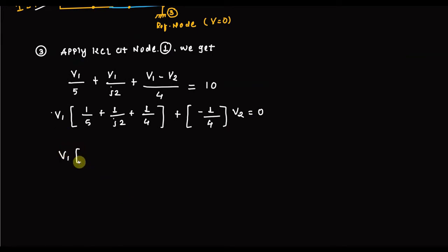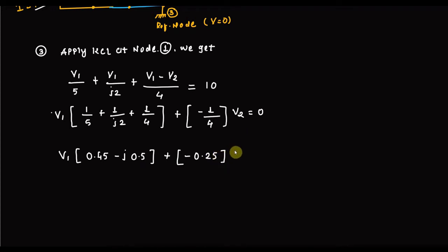Okay. So if you solve this, this will become 1 upon 5 plus 1 upon j2, which is minus j0.5, plus 1 upon 4, that is 0.25, V1, minus 0.25 V2.